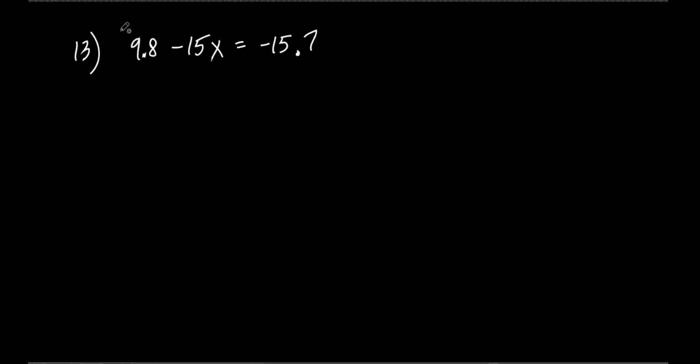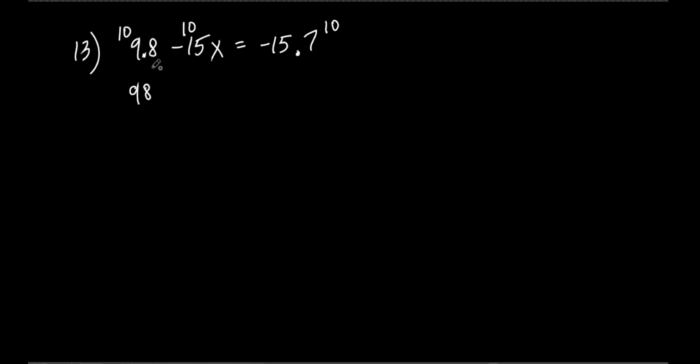So what I'm going to do is multiply this by 10, and I have to do everything. Remember, if I do something to one side, I have to do that to everything on that side. So multiply that by 10, and we're going to multiply this by 10. Multiplying by 10 is easy when you have a decimal. It just means you move the decimal to the right one place. So that's 98.